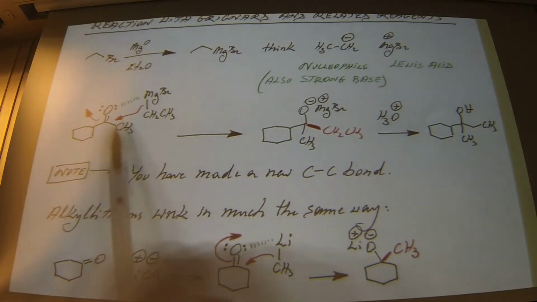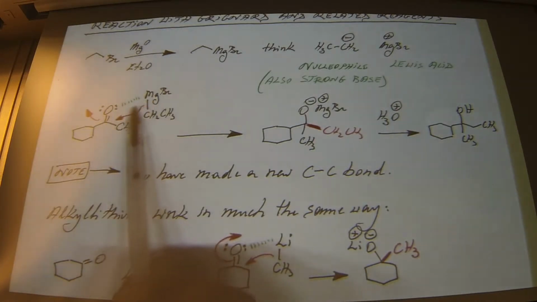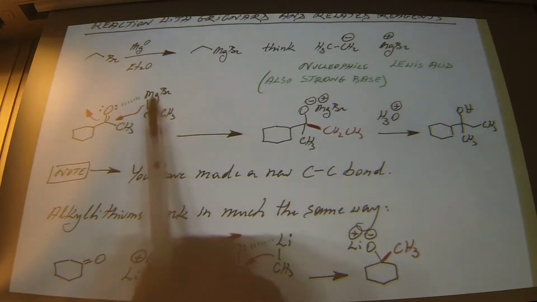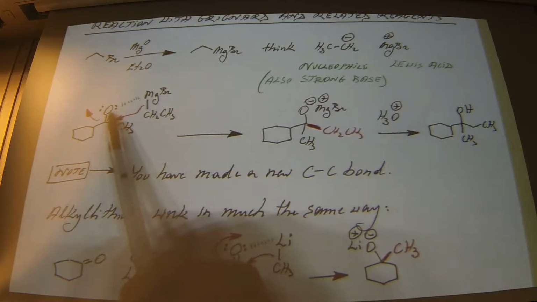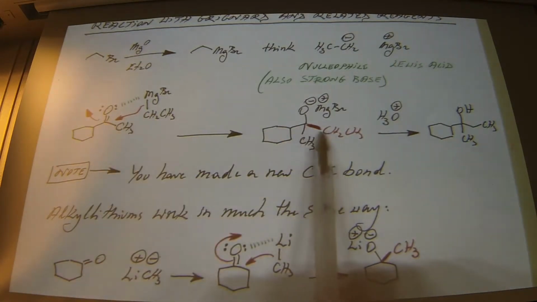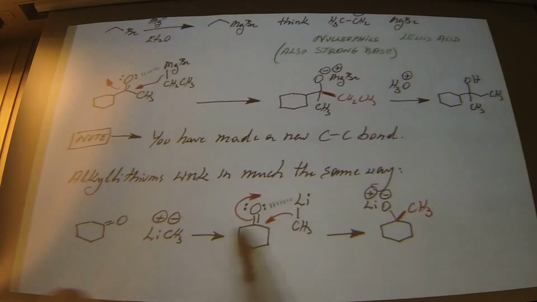And in both cases, alkyllithium, Grignard, whatever, additions to the carbonyl, you always do get this activation. So the bromomagnesium plus, this stuff here, is a Lewis acid. It engages the electron pair on the carbonyl, activating it towards ethyl addition here, and then you get the new bond. Lithium does much the same thing, and it is the activation step that precedes the nucleophilic addition. But in both cases, you end up with a tertiary alcohol.